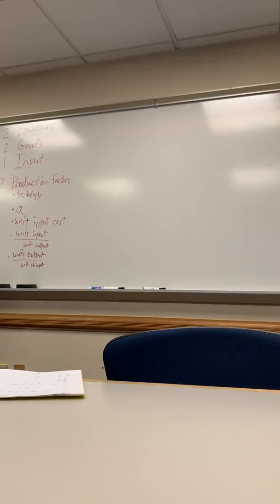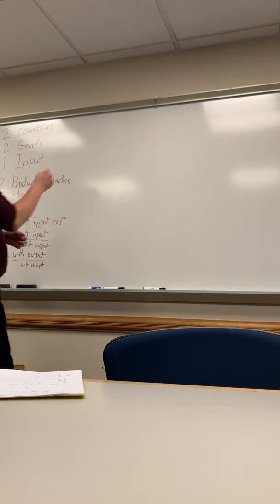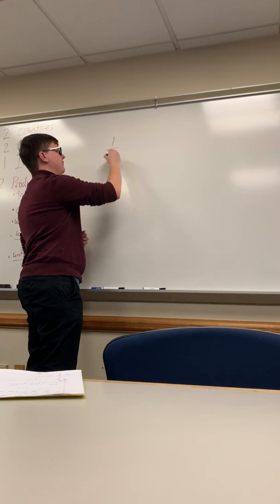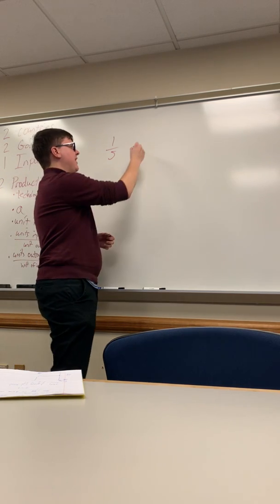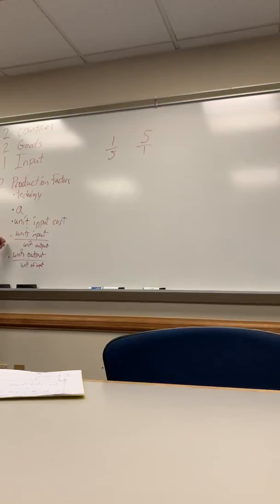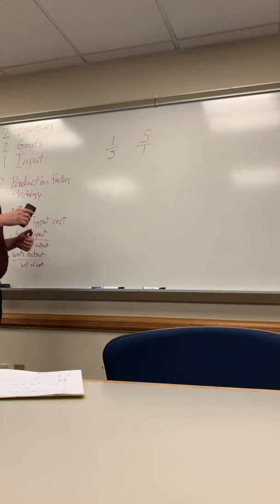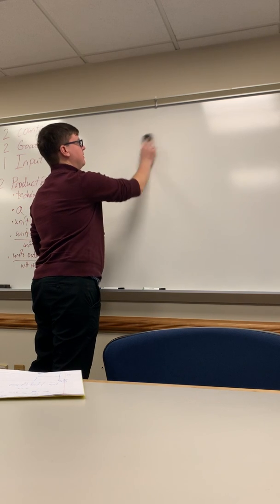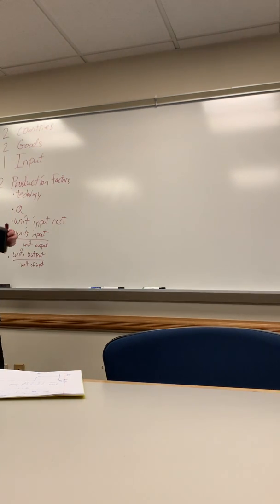And the only thing this matters, if you remember back to your midterm, a number of people, I think the answer was like 1/5 or something, and they gave an answer of 5/1. So you're just going to have to be very careful whether you're given units of input per unit of output or units of output per unit of input. As we get into a specific question, we'll do an example question, and we'll discuss where that comes up.